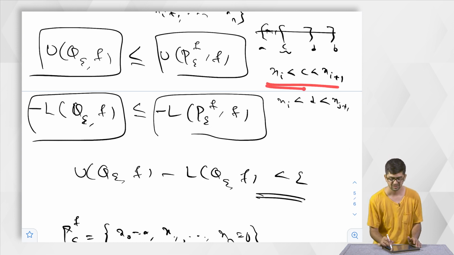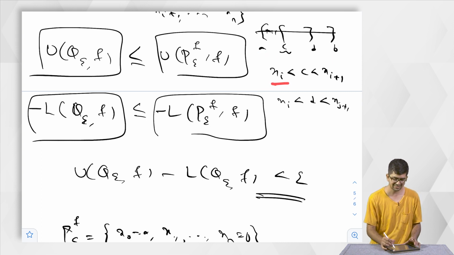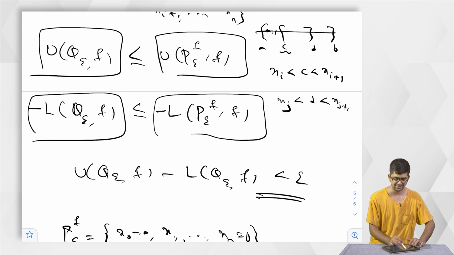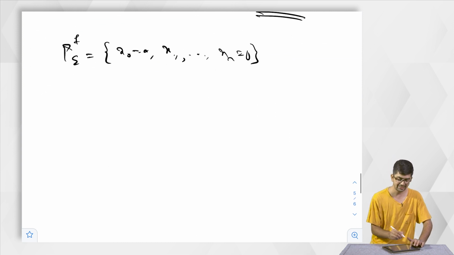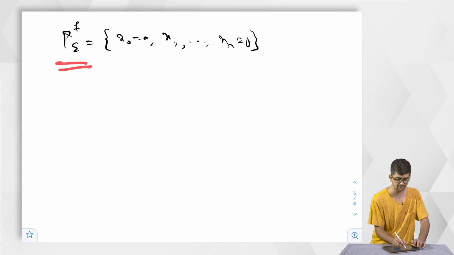It is an increasing order of elements from the given domain. So we will look for some i and j with this property. This is j, not i, this property, and then we will simply add c and d. So in any case, that will also be a refinement of this p epsilon f.